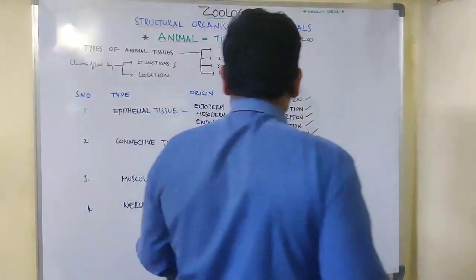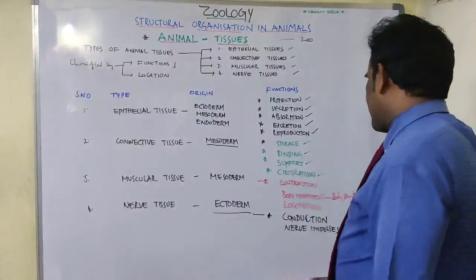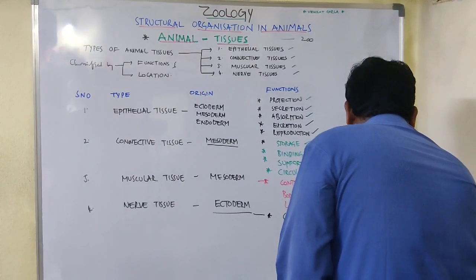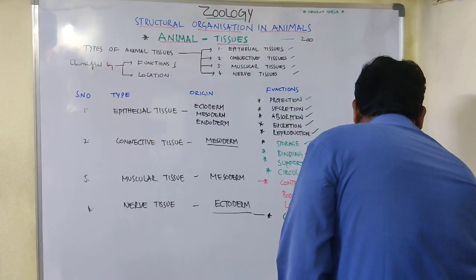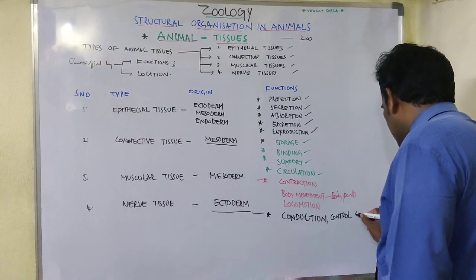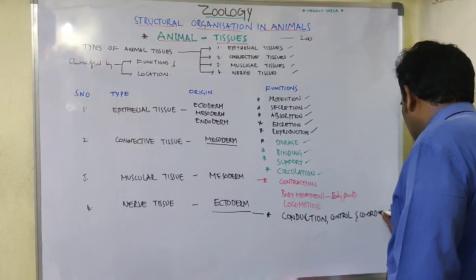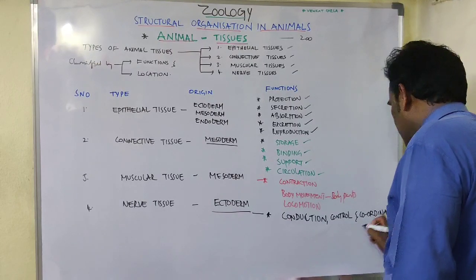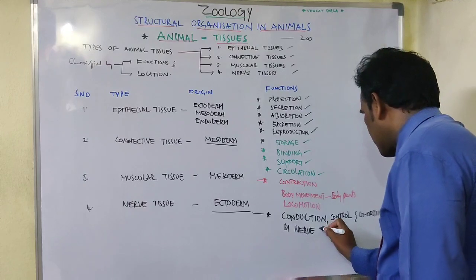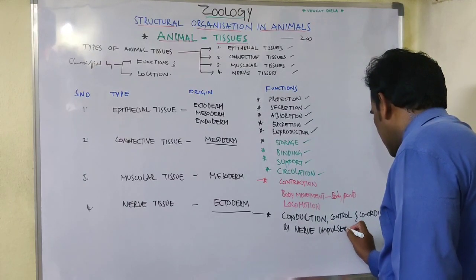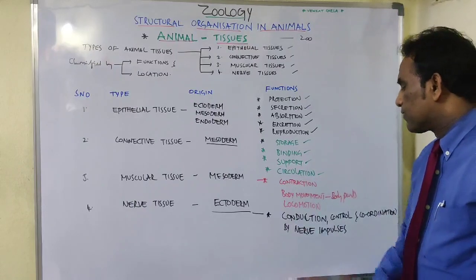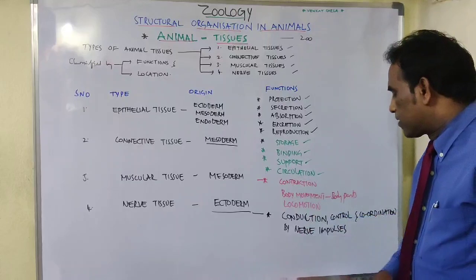So nerve tissue originates from ectoderm, and its function is conduction, control and coordination by the nerve impulses.